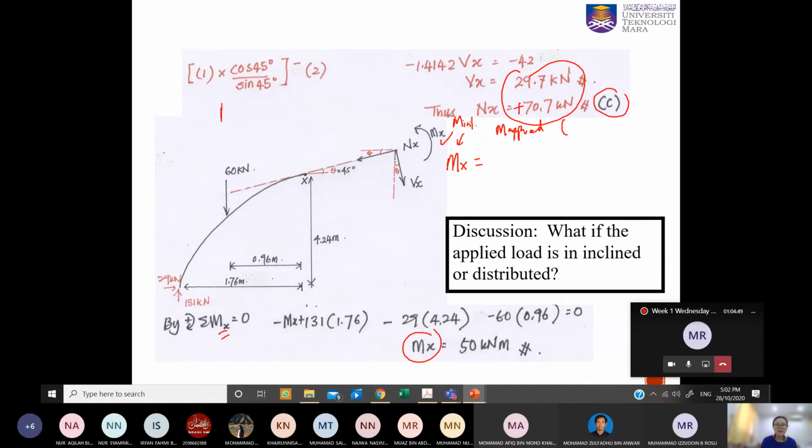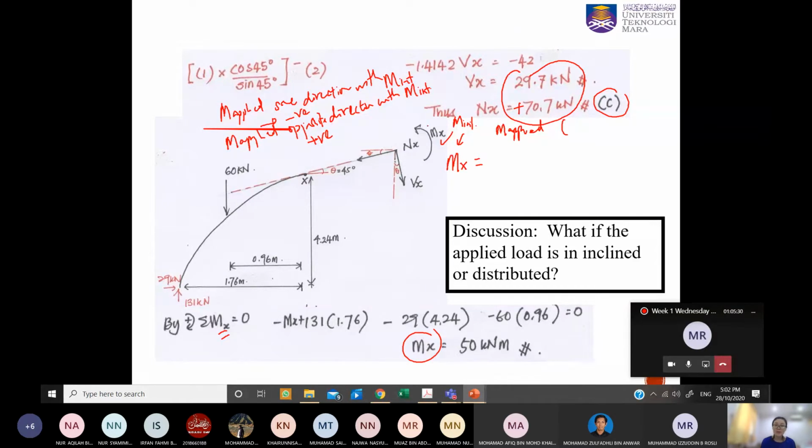If the M applied is in the same direction as M internal, we give it a negative value. When the M applied is in the opposite direction to M internal, we give a positive value. So if it is the same direction as my internal moment, I give a negative value. If it is the opposite direction, I give a positive value.